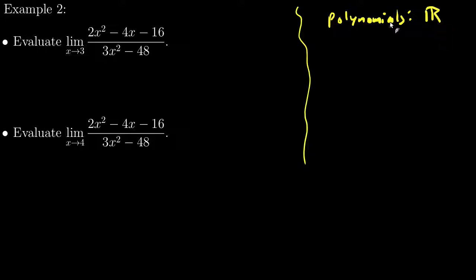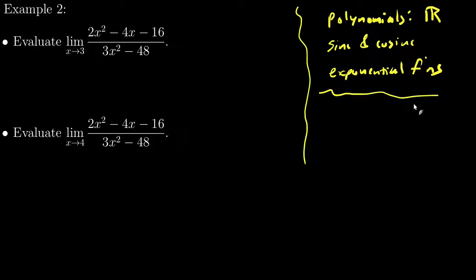Anywhere you go, polynomials work. So do sine and cosine. So do exponential functions. And there are others. There are many functions that work a lot of the time, and the ones we're considering here are rational functions.